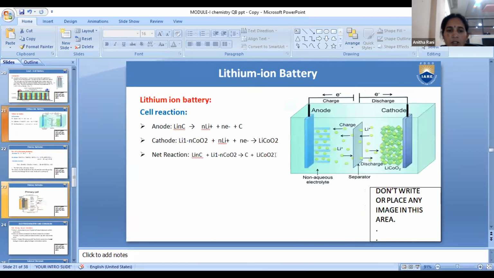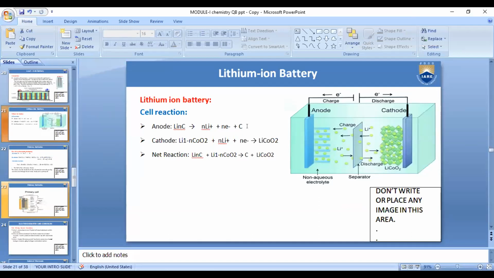You take the diagram. For the lithium-ion battery, what is the anode, cathode, electrolyte? Anode is graphite. Very good. Cathode is lithium cobalt oxide.